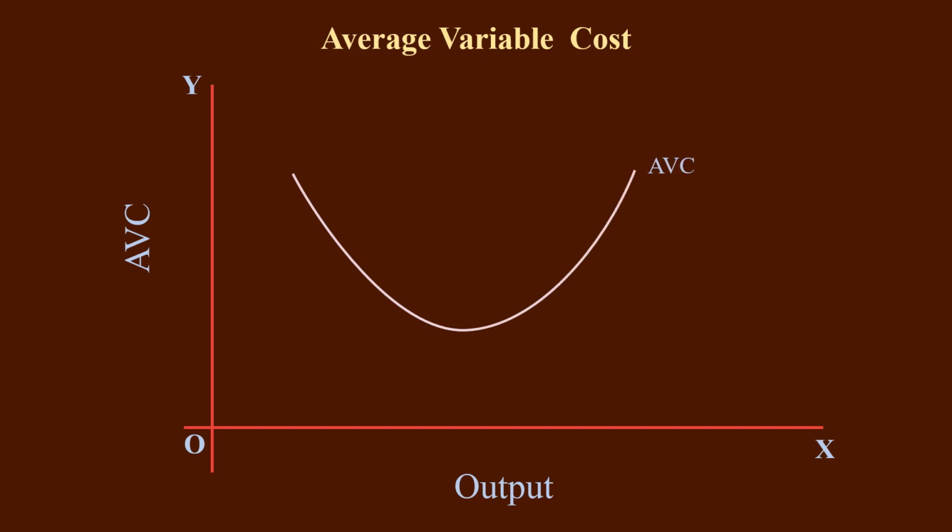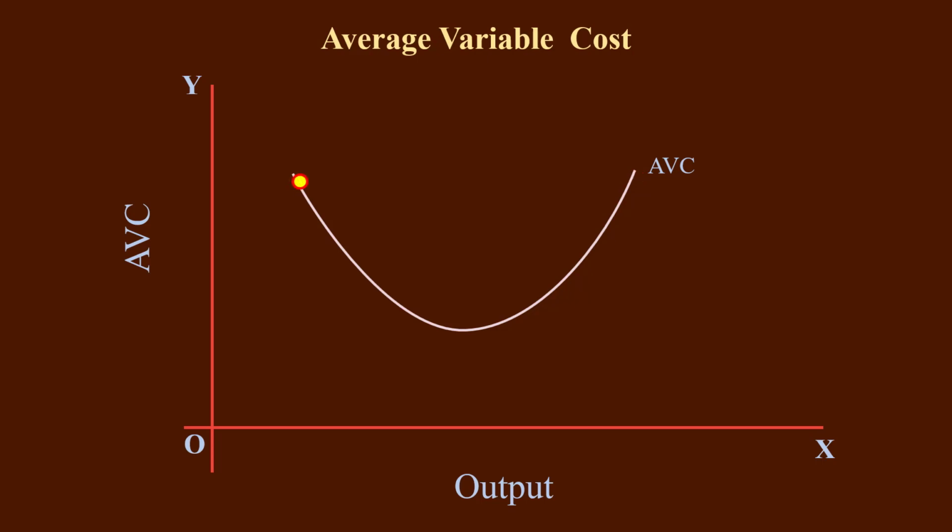AVC is the average variable cost curve. It is a U-shaped curve. Average variable cost falls. After reaching the minimum, it increases. It clearly reflects the tendency of average variable cost. Average variable cost curve is U-shaped because of the law of variable proportion.